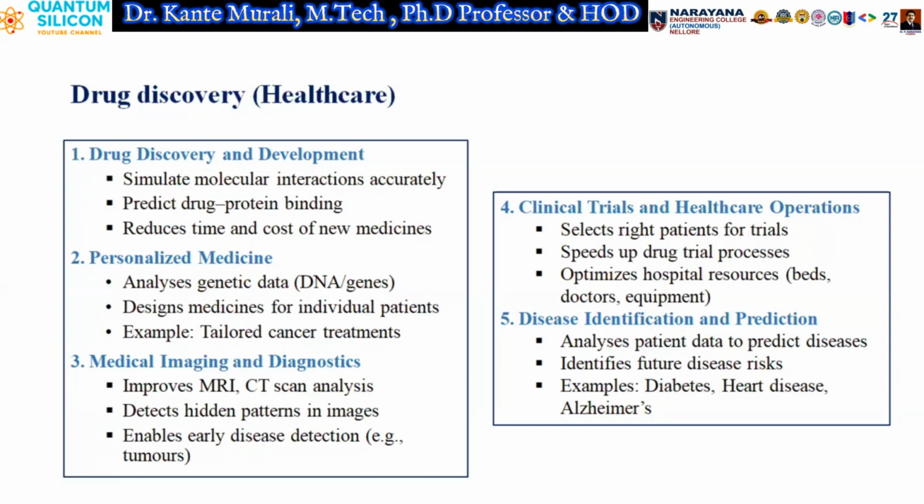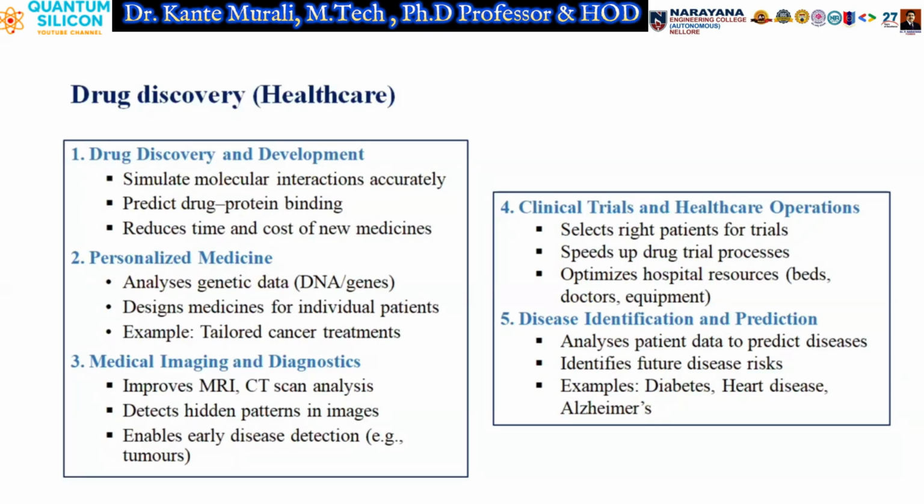You can improve medical imaging, especially the accuracy, like early detection of cancer or skin allergies, whatever it may be. Some of the diseases which are unsolvable today, we can go for early detection using medical imaging. Clinical trials and healthcare operations today take much time. However, you can speed up the drug trials and optimize resources also.